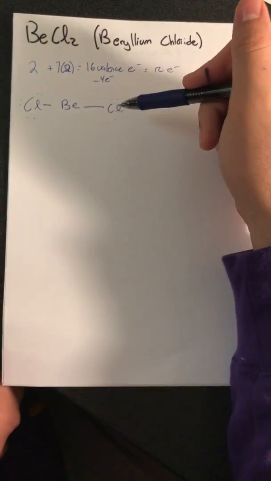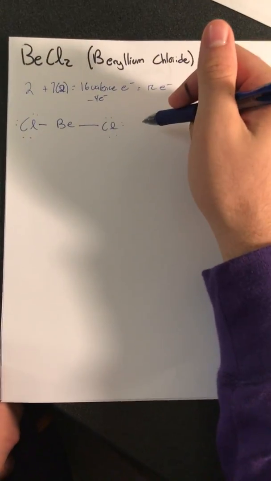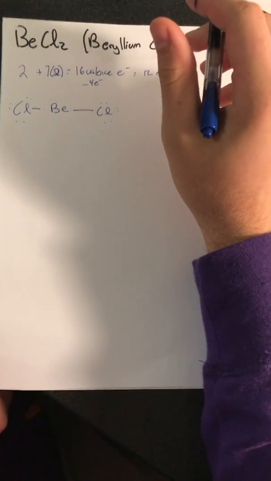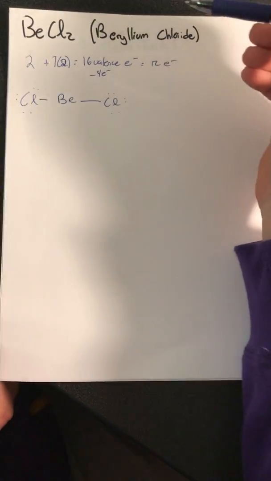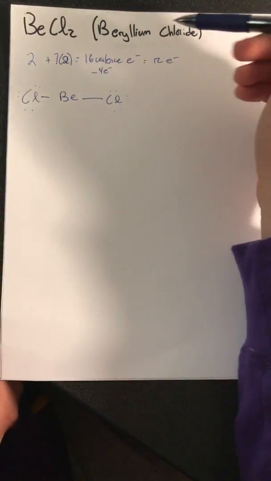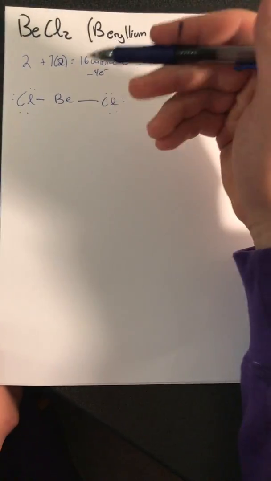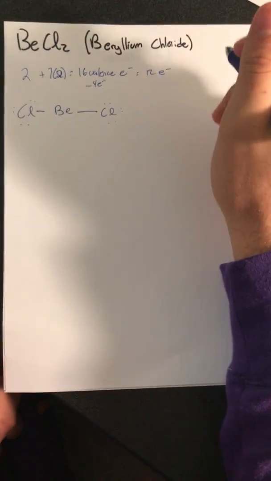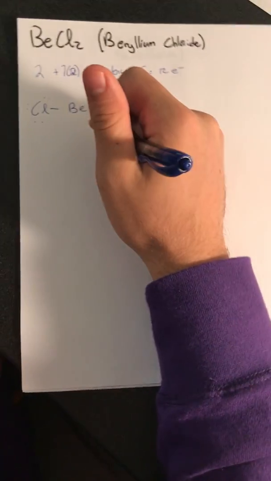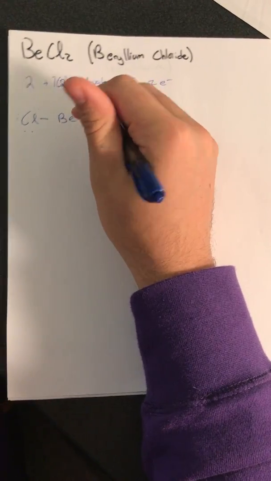Now you may notice that beryllium does not have a full octet. Well, that's okay because beryllium is one of the atoms that does not need a full octet and can violate the octet rule. So this is in fact our best possible Lewis structure. So now we want to look to see which one is more electronegative.